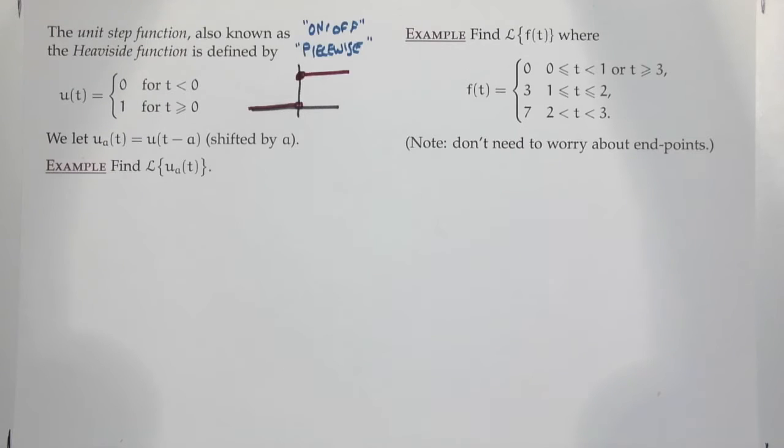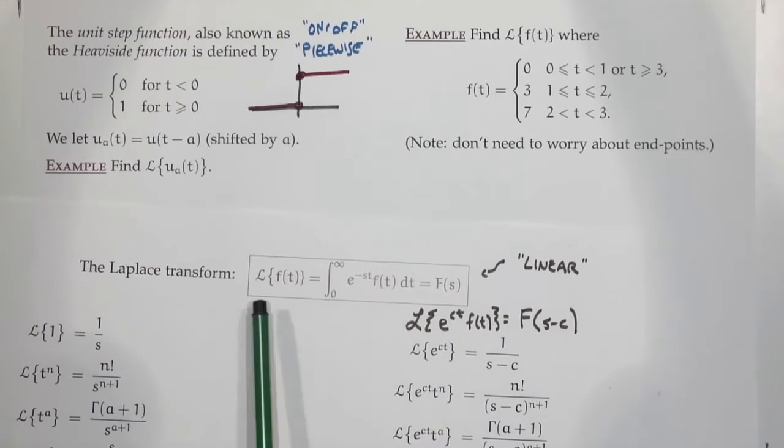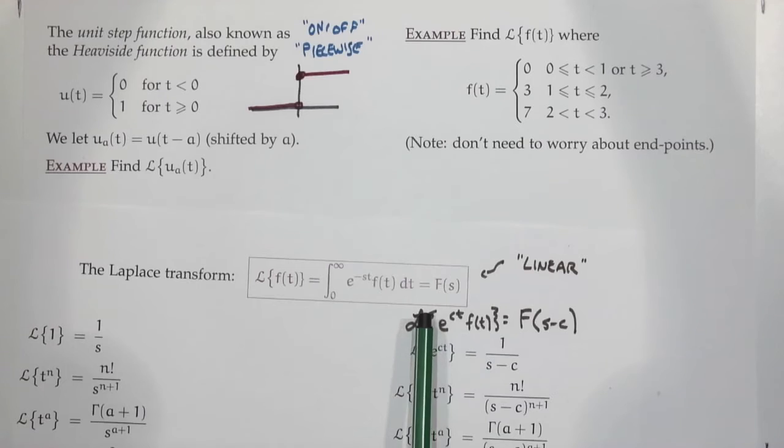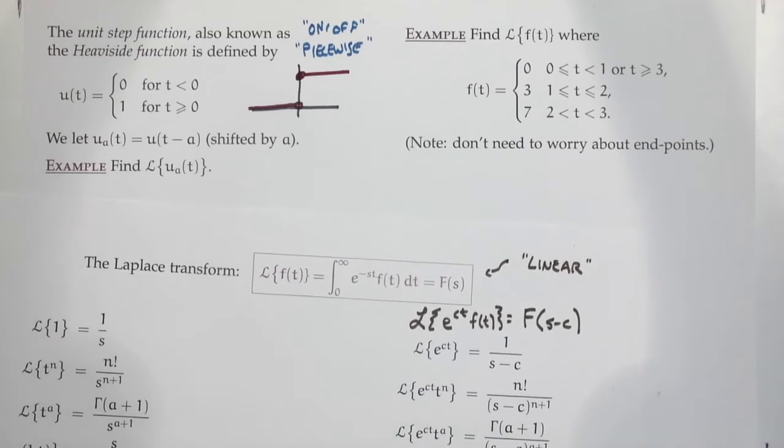Well, if we want to find our Laplace transform and we don't have any other facts, what do we do? Guess? Well, that's not the worst thing in the world. So, if we don't have anything, that's when we go back to our definition. So we say, all right, definition it is.